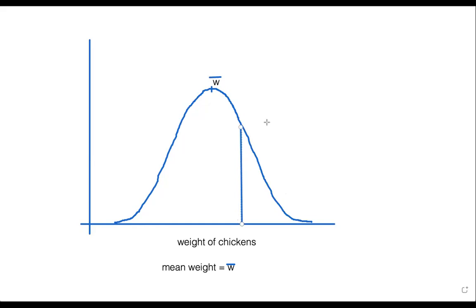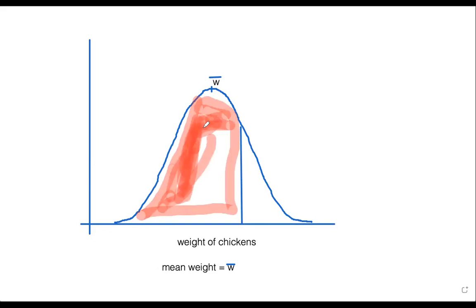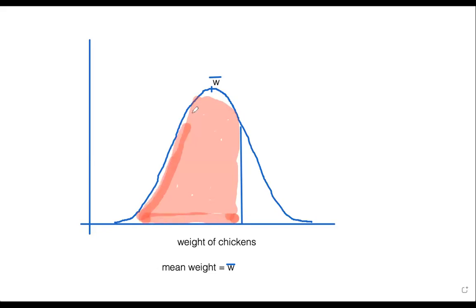A chicken that is above that cutoff weight will be allowed to breed. A chicken that is below that cutoff weight, all of the chickens in here, kind of trying to X out that zone, all of the chickens that are in here are going to end up in the stew or in the fricassee, or whatever it is that you do with excess chickens that you no longer care to keep around.